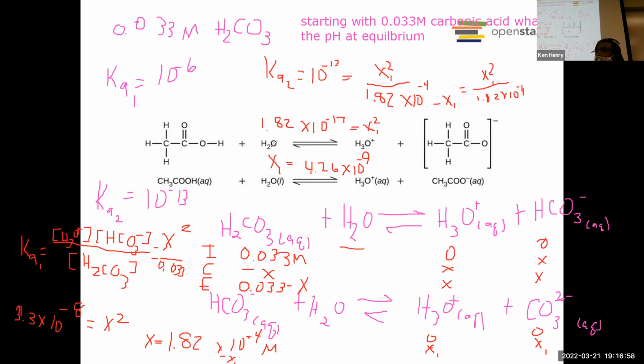But if you see a jump like this, where we go from 10 to the minus 6 to 10 to the minus 13, no, right? You can determine it by looking at the first one. If you got a question like this, you'd want to say that since the Ka is so small, the amount of hydronium ion produced at equilibrium will be minimal.